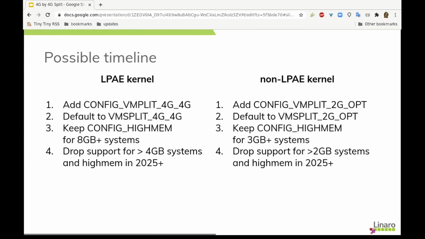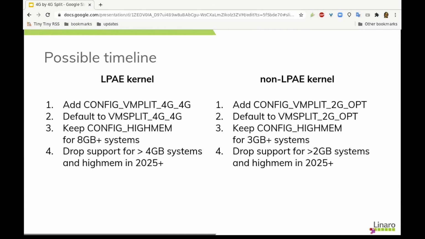And for the older kernels, for the older hardware, I would like to add the 2 gig option, which means we allow exactly 2 GB of RAM to be accessed without having Highmem, because currently if you have the 2 gig memory split, you get slightly under 2 GB of memory and then a little bit of Highmem, which is almost as nasty as having a lot of Highmem.